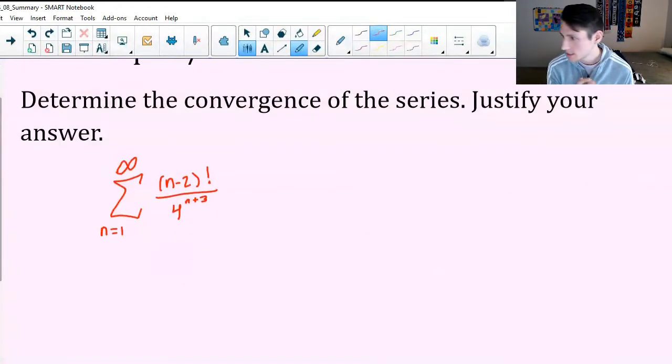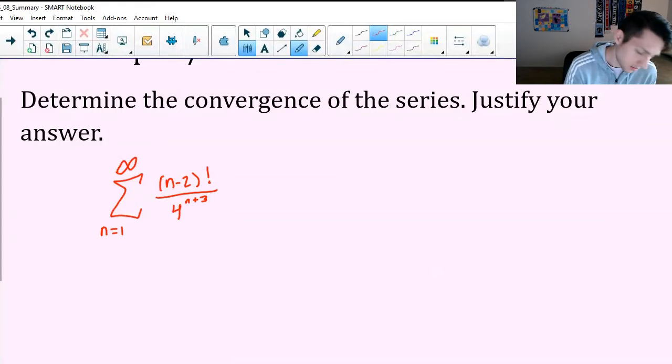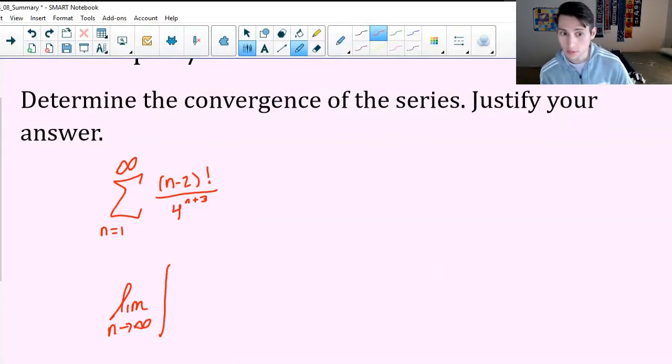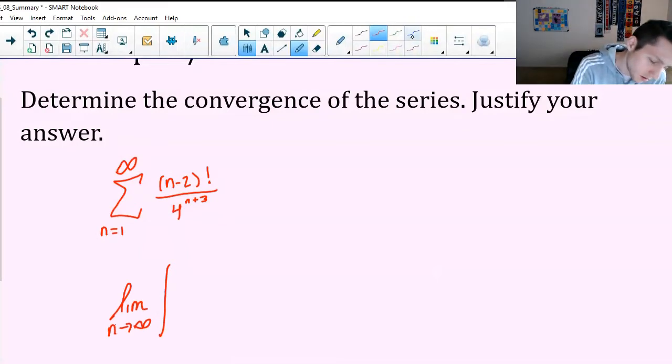So the ratio test tells us, let's see what happens when we take the limit of the ratio of a sub n plus 1 over a sub n. So what happens if I substitute in n plus 1? This blue part will be my a sub n plus 1.